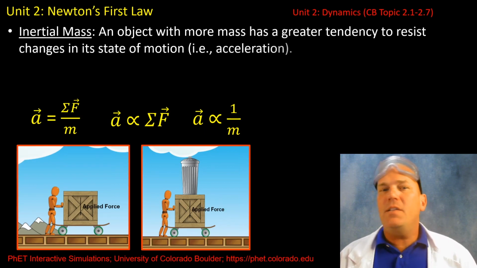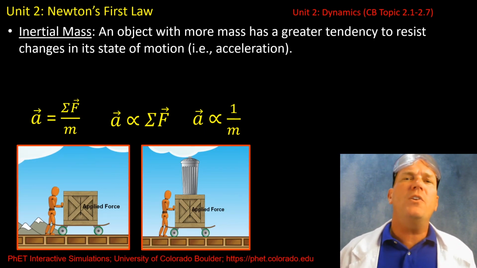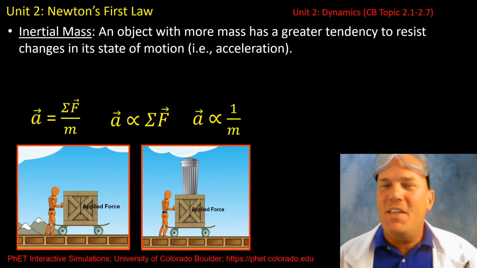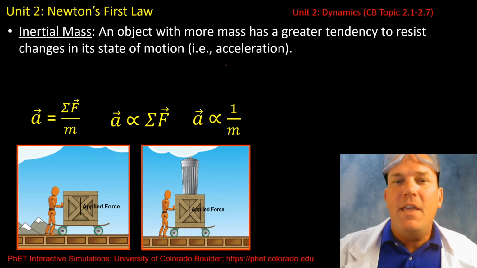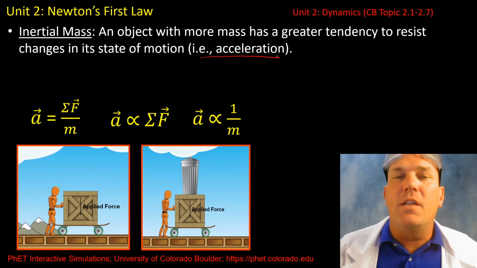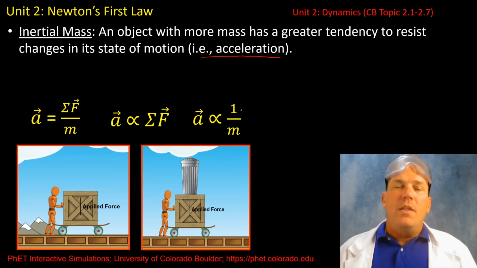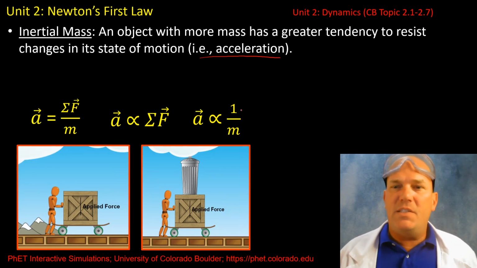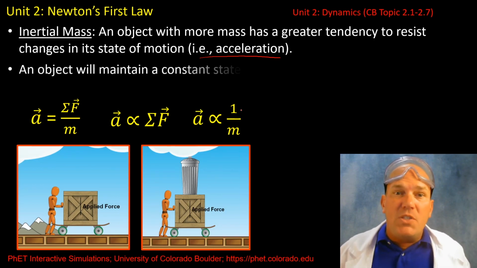All right, so let's define inertial mass. An object with more mass is going to have a greater tendency to resist changes in state of motion, which I've already defined as an acceleration, a change in velocity over change in time. So the greater the mass, the greater its tendency to maintain its current state of motion.